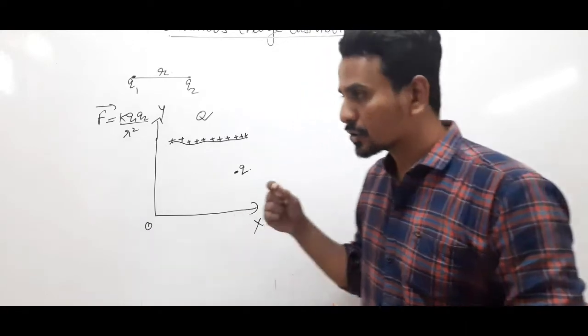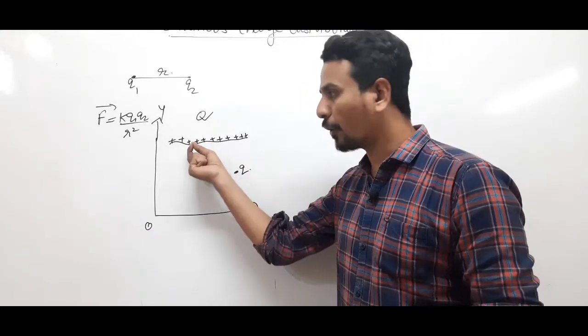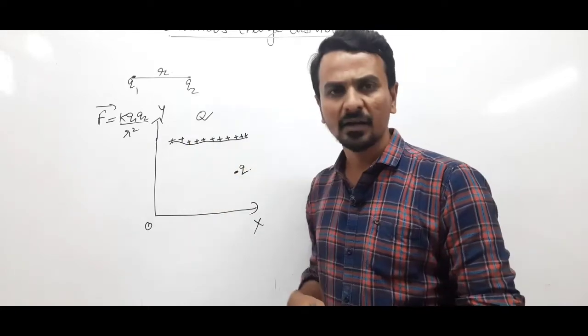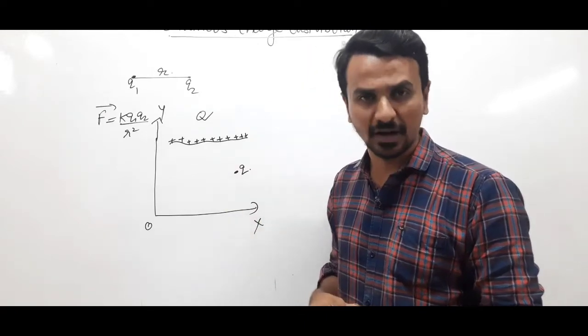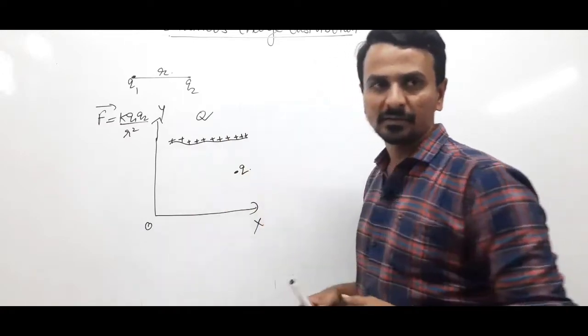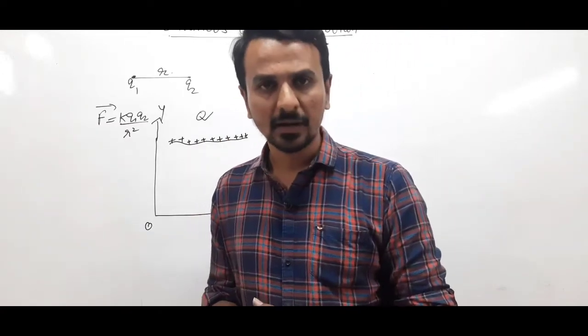That means the total or the resultant force will be obtained by addition of all the forces because of the charges. So many charges are placed over a line, or charges are being continuously distributed on the line, right? So taking a single charge and then adding, that would be quite a lengthy method, right?